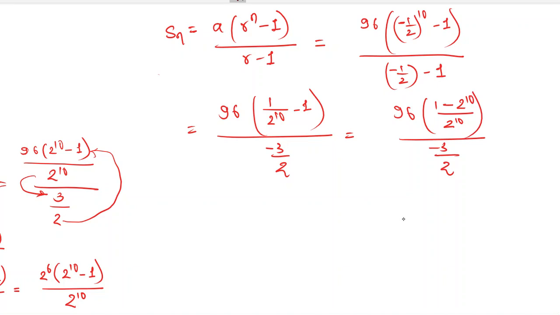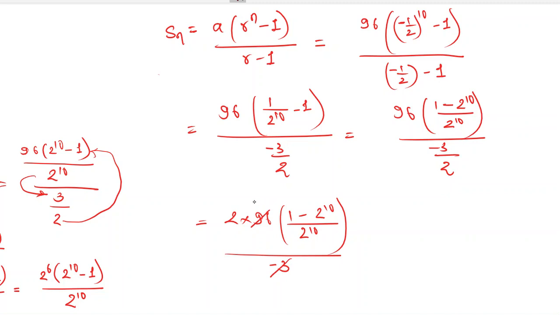Right? So you can take the 2 in the numerator and it will look like this: 2 into 96 bracket 1 minus 2 raised to 10, the whole upon 2 raised to 10, correct, the whole upon minus 3. Now minus 3 would directly cut with 96, and what would it give?